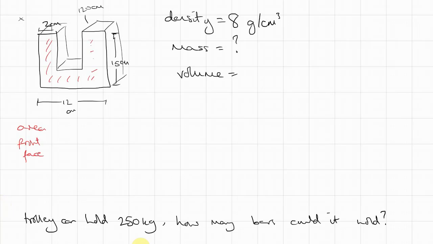I keep saying front face, but the fancy word is cross section. I think front face is also mathematical, and it makes a bit more sense to me. I'm going to split this up into 2 rectangles like this, and I'm going to get a third colour for this. So I'm going to split it up into shapes like that.